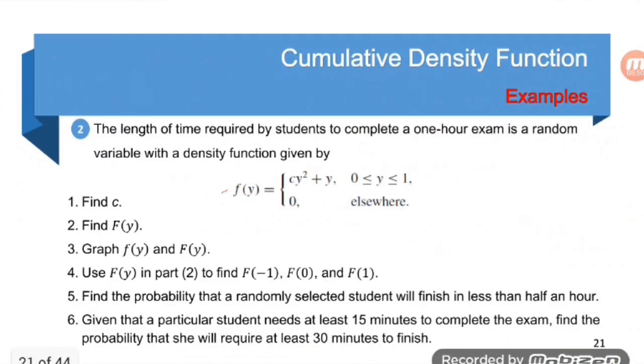Okay, number 6. Given that a particular student needs at least 15 minutes to complete the exam, find the probability that she will require at least 30 minutes to finish. We know that at least means greater than.